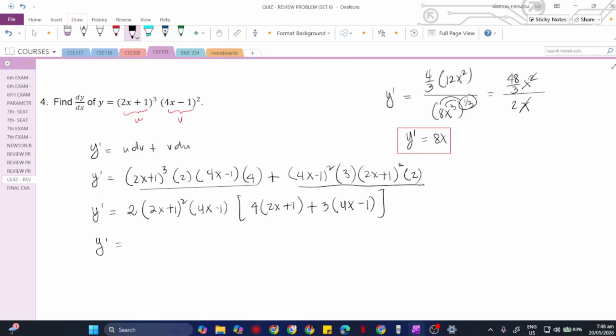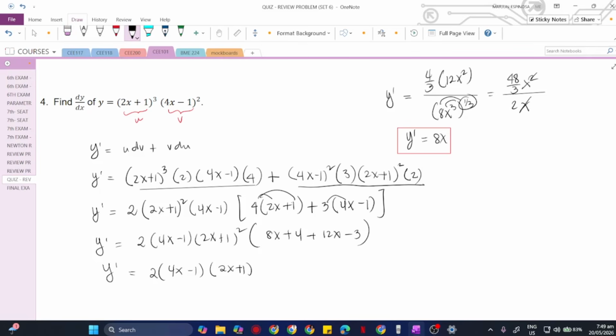So simplify lang natin. We have here, unahin ko lang itong 4x minus 1. Then we have here 2x plus 1 square. Then, distribute natin to. So, we get 8x plus 4 plus ito din, 12x minus 3. So, yung simplified answer natin would be 2 times 4x minus 1, okay, 2x plus 1 square.